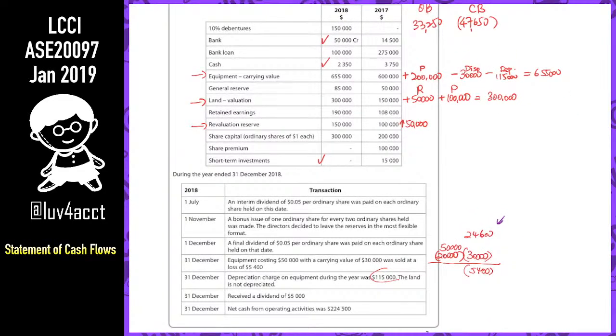We have dividend, no. Bonus issue, no. Final dividend, no. And then we have dividend received of 5,000. Dividend received is from investment. Maybe a short-term investment pays you 5,000 dividend.